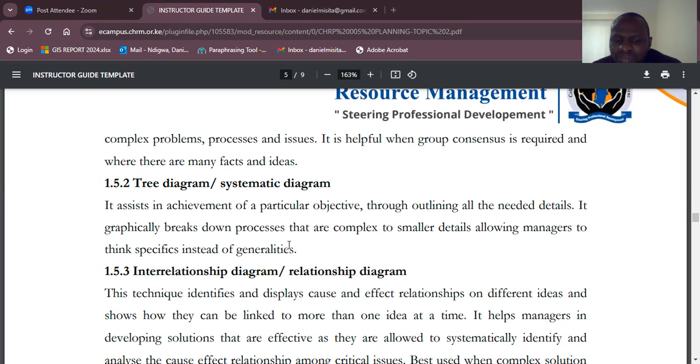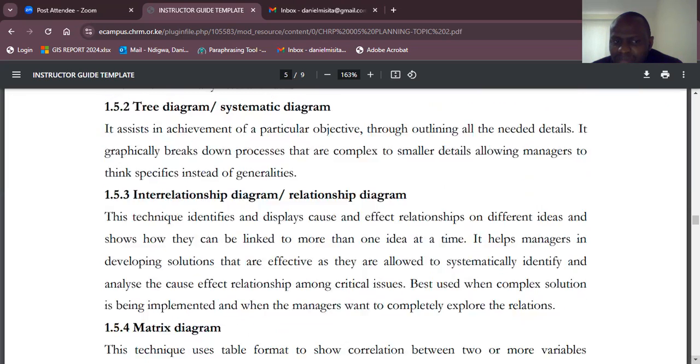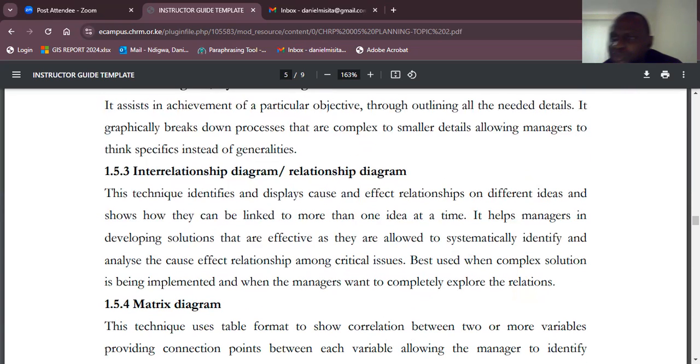Then the other tool that is very common is called the relationship diagram or interrelationship diagram. As the name suggests, this diagram basically helps to display and identify some of the various causes and also come up with relationship of different ideas together, so that it also helps to link more than one idea at a time.